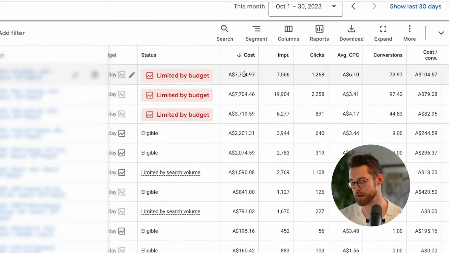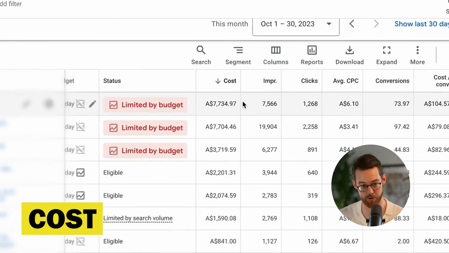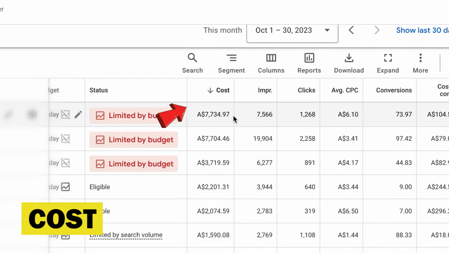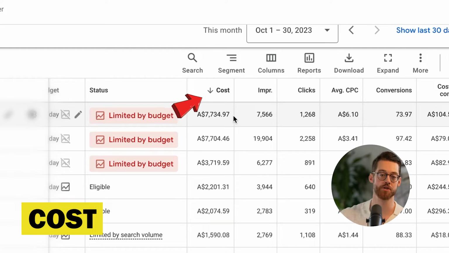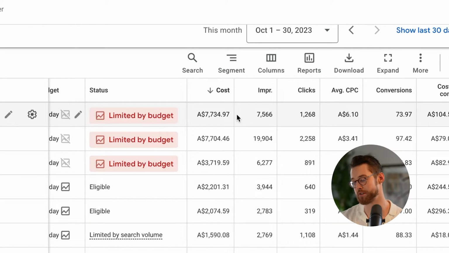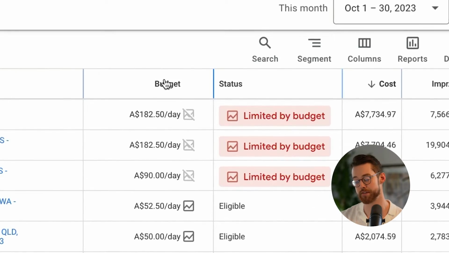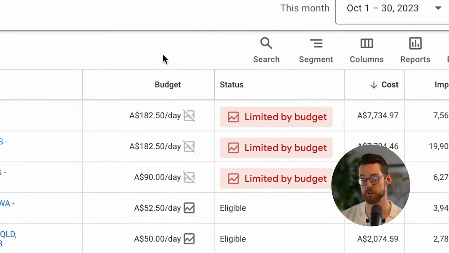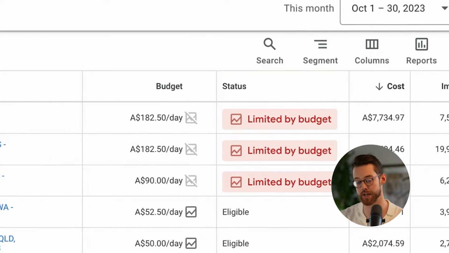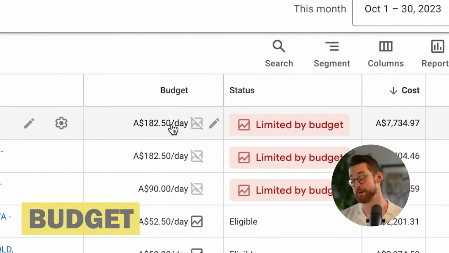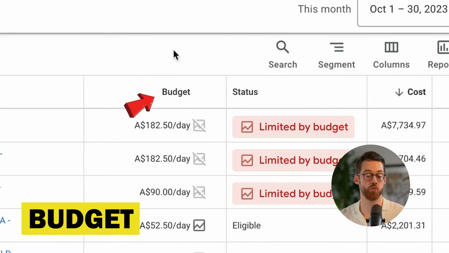Now, the third column that is obviously extremely important inside of Google Ads is cost. What did we outlay in order to drive the conversions at the cost per conversion that we have set? This is important for multiple reasons. One is, one of the other columns here, which is set up by default, which you're going to see when you log in and you're looking at the campaign settings, is budget. Budget is what we're telling Google we want to spend per day.